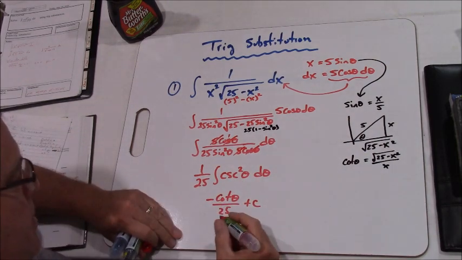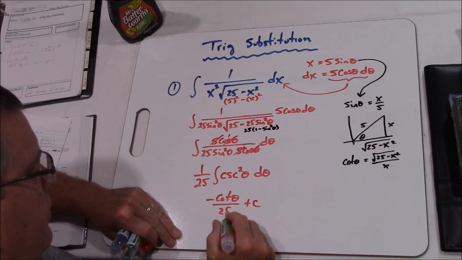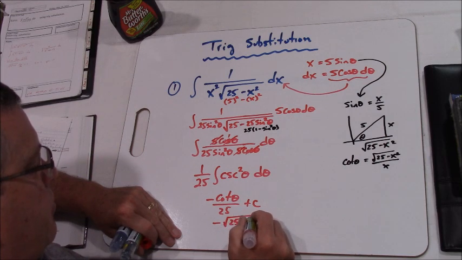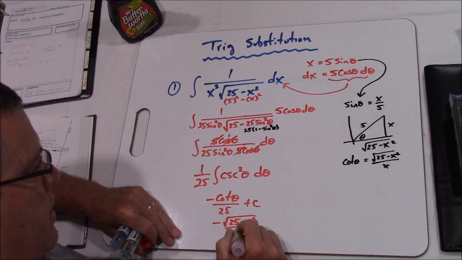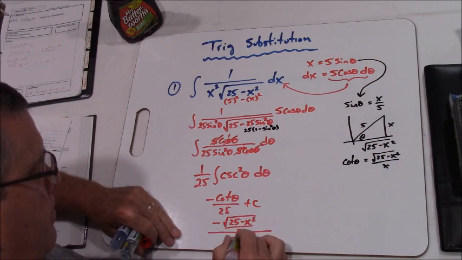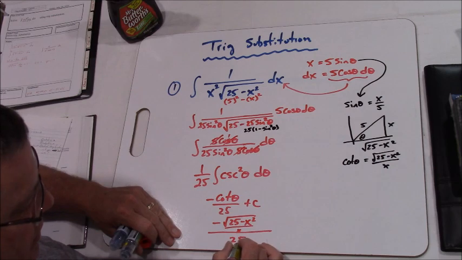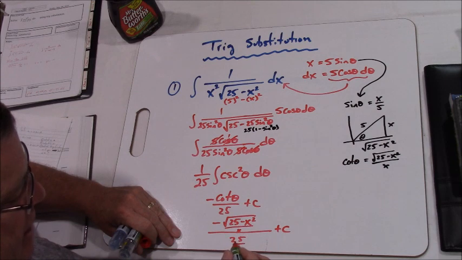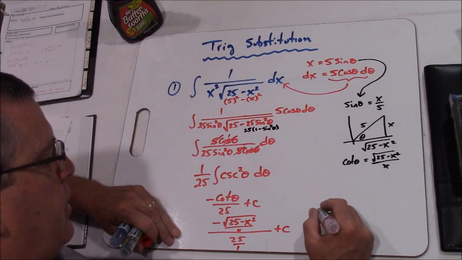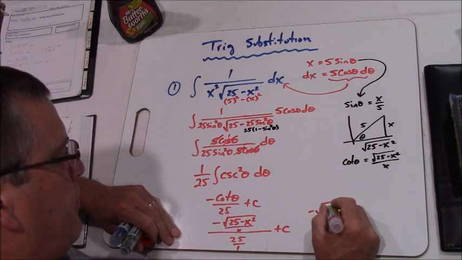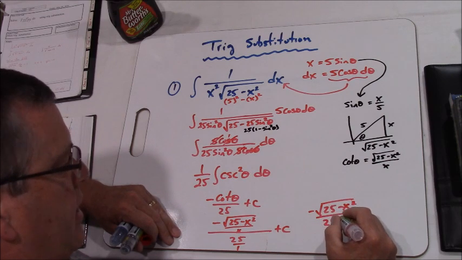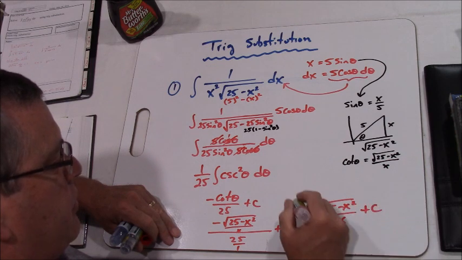So my answer becomes a negative square root of 25 minus x squared over x divided by 25, which I'll just call 25 over 1, plus c. And so if I flip this fraction over and multiply, I just end up with 25x in the denominator. So a negative square root of 25 minus x squared over 25x plus c.